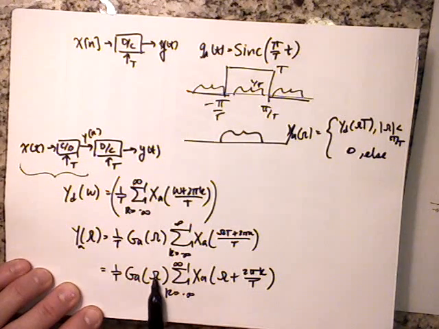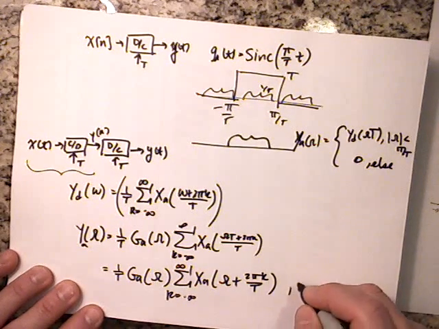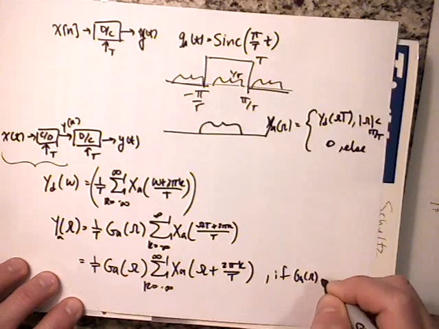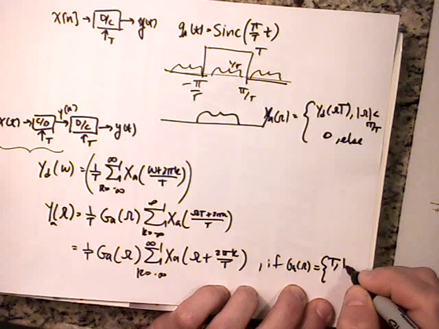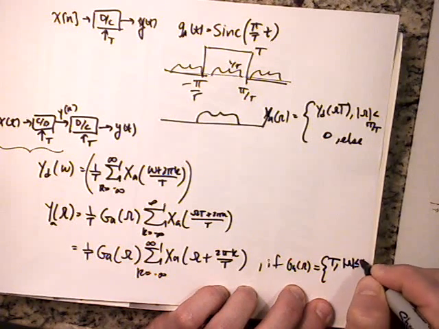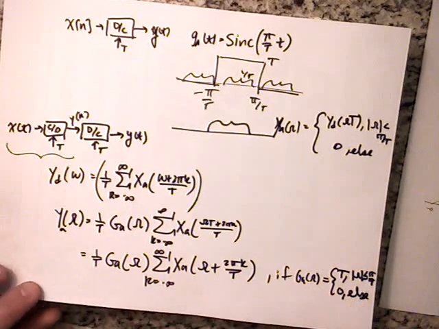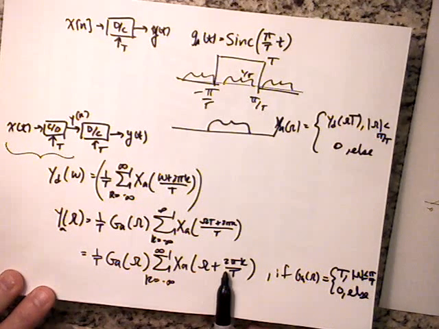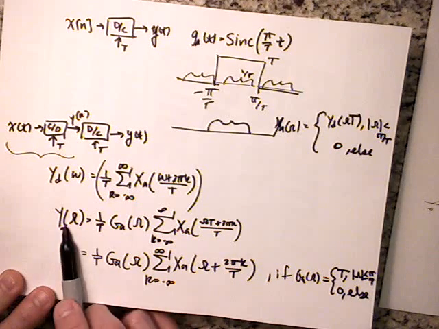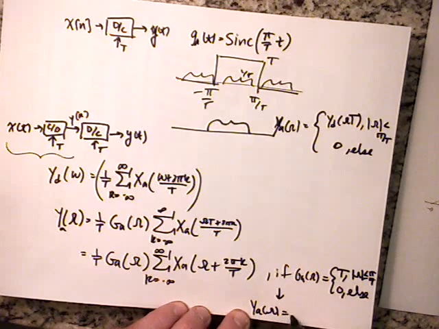Now if G_A of omega is equal to T for the magnitude of omega less than or equal to pi over T, and 0 otherwise, and if X_A of omega were band limited to pi over T, then the output Y_A of omega would equal X_A of omega.